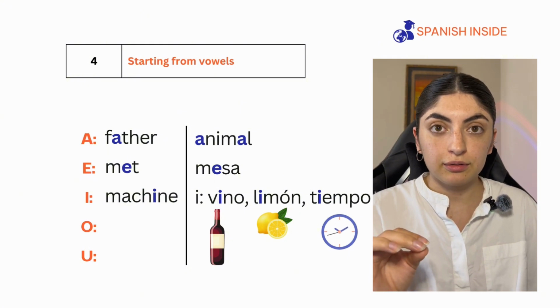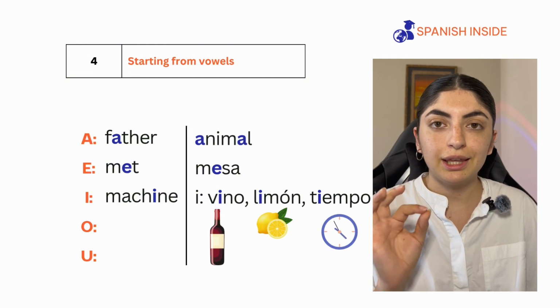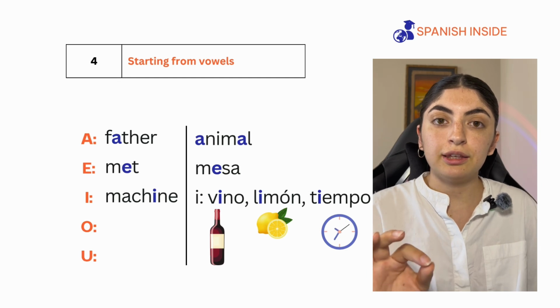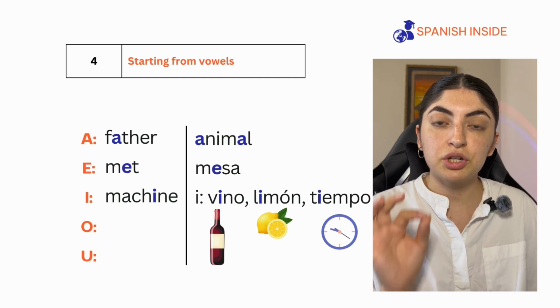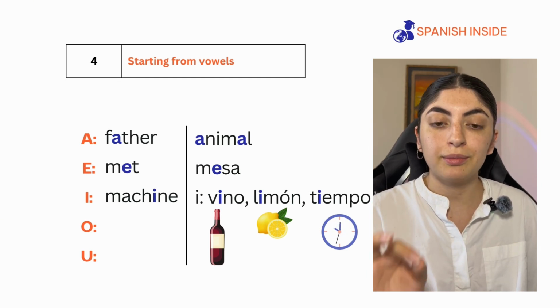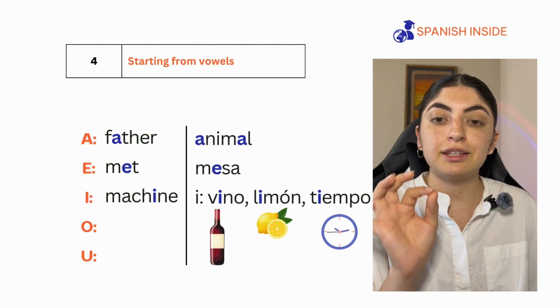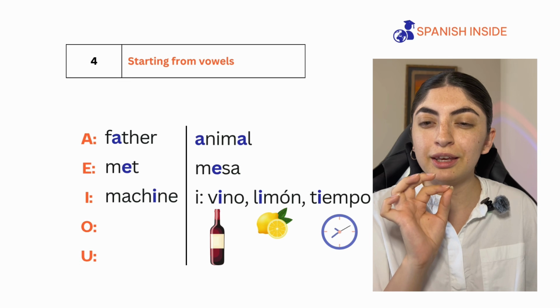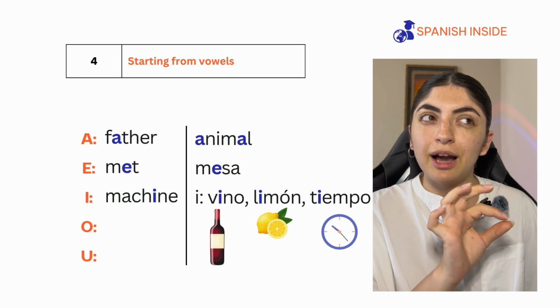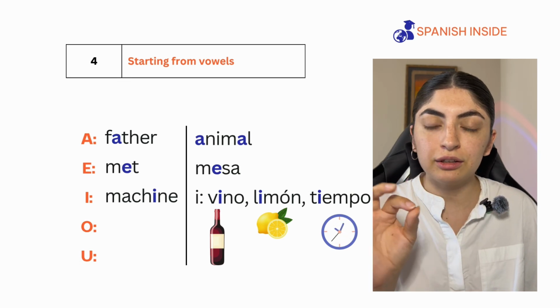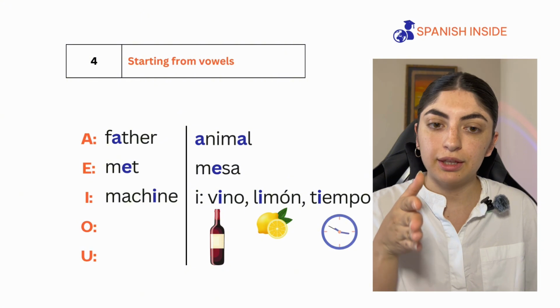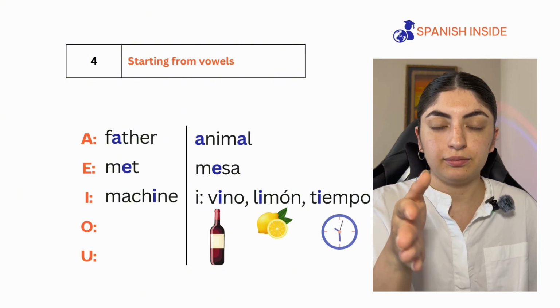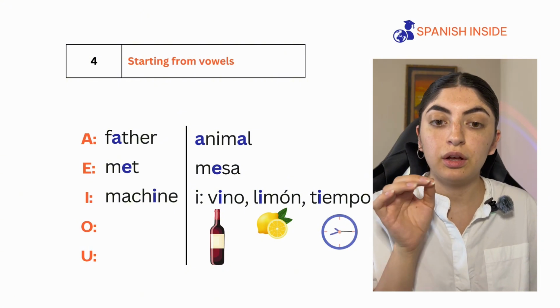Letter I, like in machine, that way. It's a high, sharp vowel, never like in English. Vino, vino.